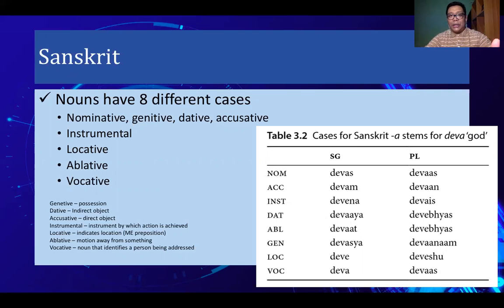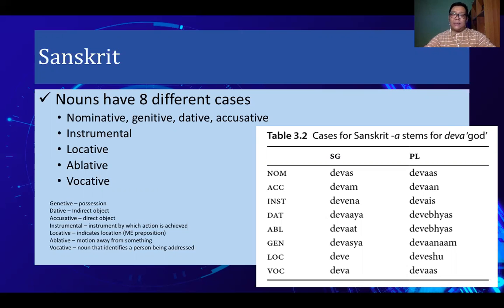In modern English, we refer to it as prepositions, so prepositions are in the locative position in modern English. But before, there were nouns which already indicated location. Then we have ablative, which shows motion away from something. And then the vocative case, wherein a noun functions as an identification of a person being addressed.